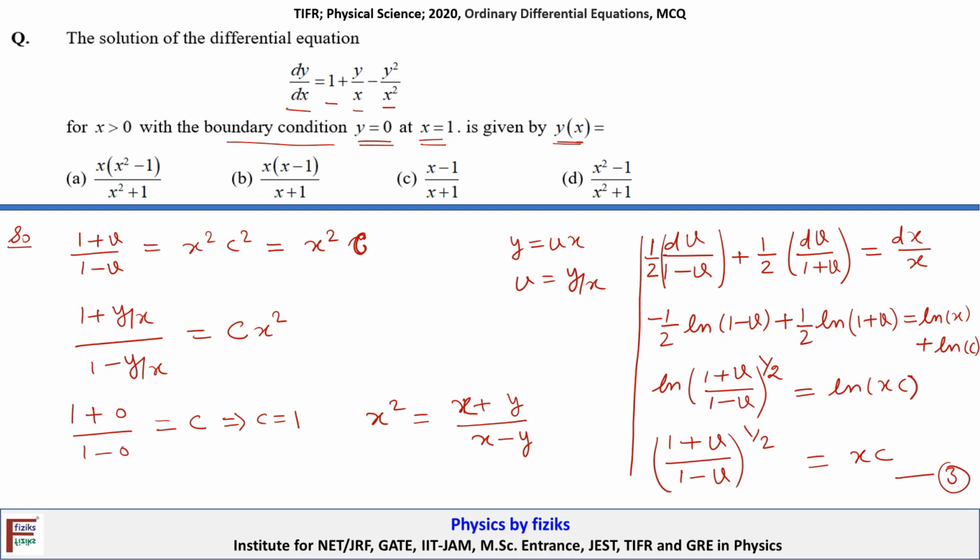From here we can calculate y is equal to x into x square minus 1 divided by 1 plus x square, which corresponds to option A, and hence option A is the correct option.